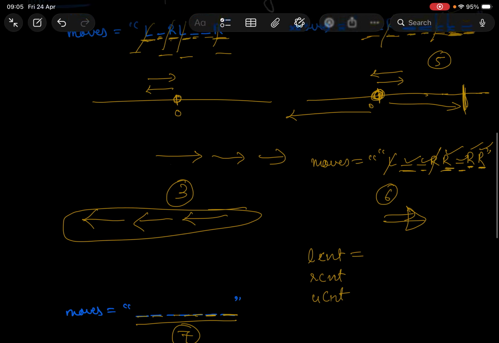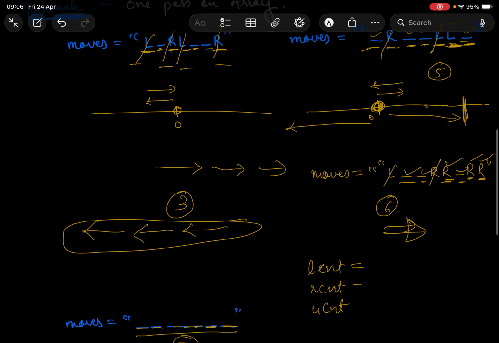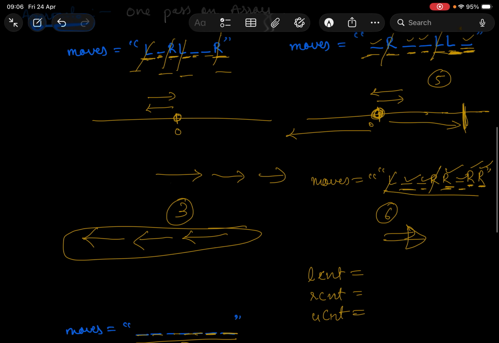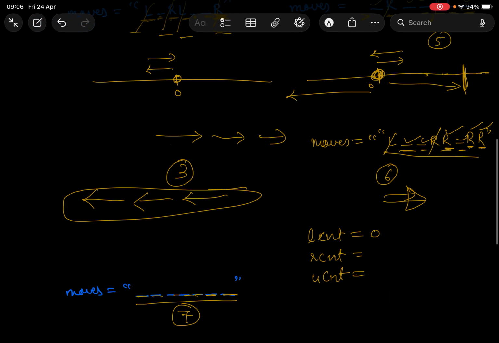For each of them, I'll take this count while passing through the array. Let's take this example. Initially, everything will be 0. This L is 1. Then there is underscore 1, another underscore 2, then right 1, another right 2, another underscore 3, another right 3, another right 4.